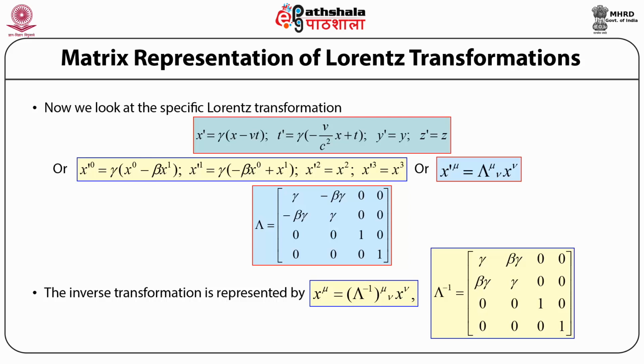Second row is beta times gamma, gamma, 0, 0. Third row is 0 0 1 0 and fourth row is 0 0 0 1.